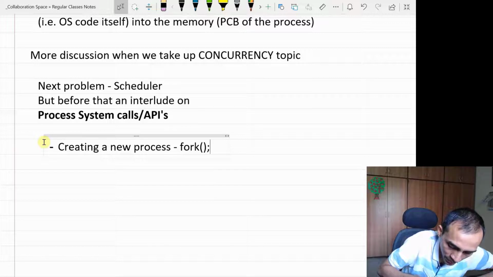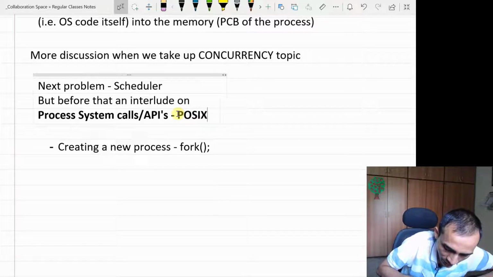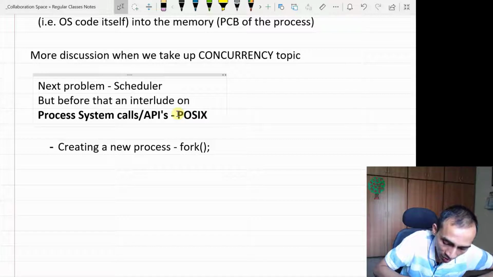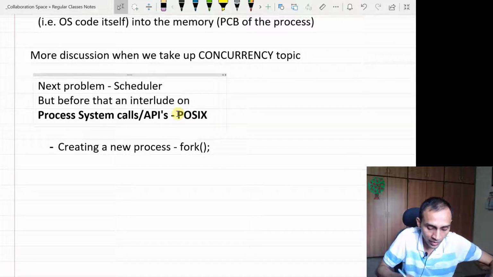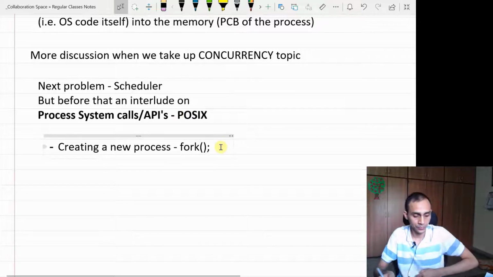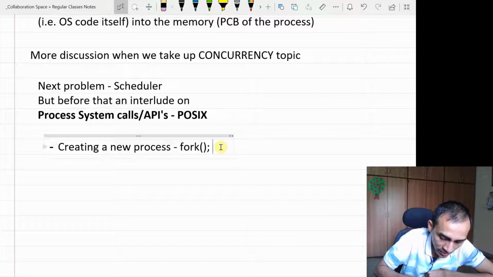There is a POSIX system call API. I forgot the name. Basically, it's a common standard which is followed by most operating systems which are POSIX compliant. So generally, they all will have these system calls, which I'm writing down here, with the same names also. For creating a new process, POSIX gives a system call called fork.